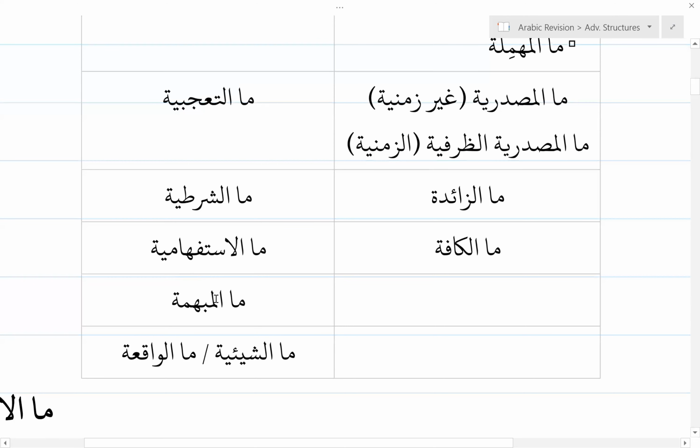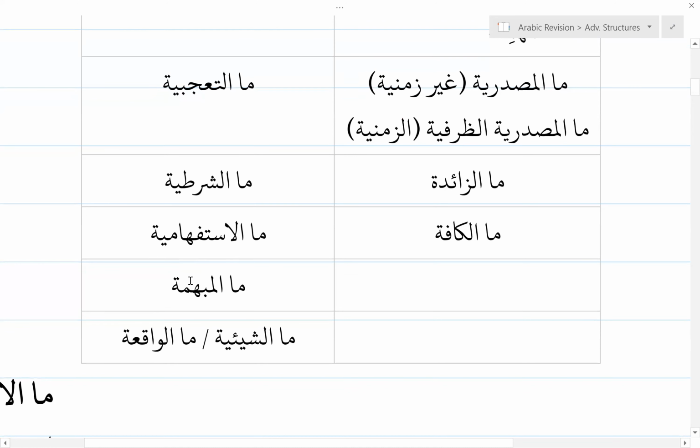Yeah, like it's ambiguous. It could be any, and we will take a look at what that means. Then you have another kind of ma called ma al-shay'iyya or ma al-waqi'a. This ma comes with bi'sa and ni'ma. Okay, so ni'ma hiya or bi'sa ma or ni'ma ma. Yeah, this is ma al-shay'iyya or ma al-waqi'a.